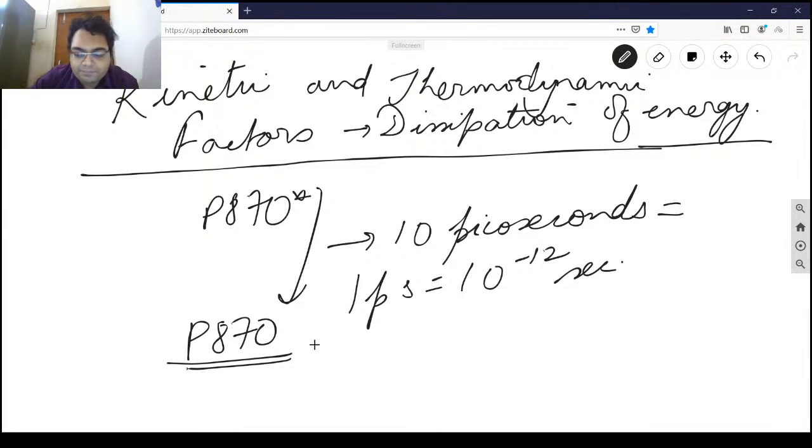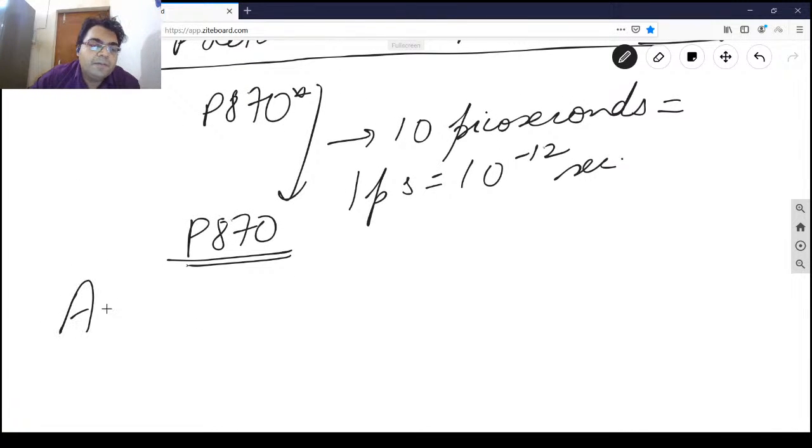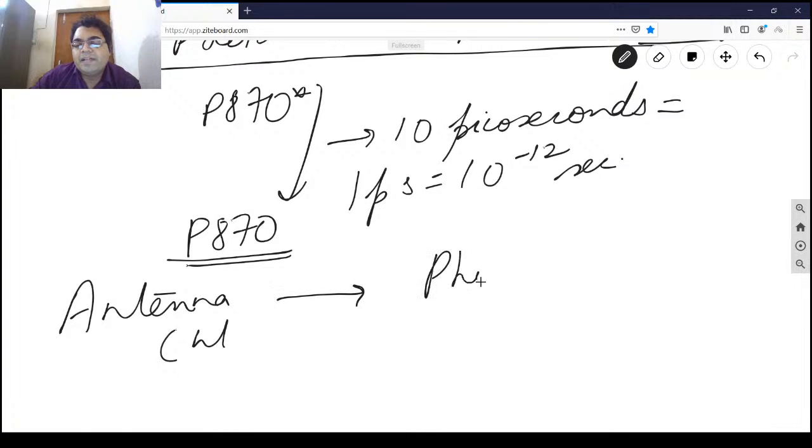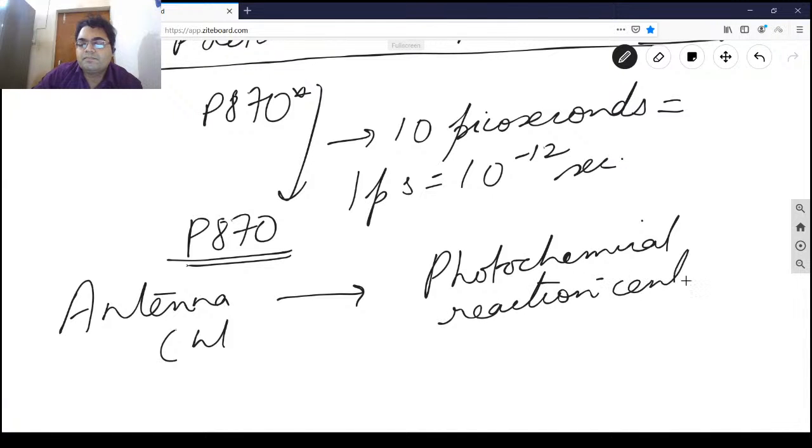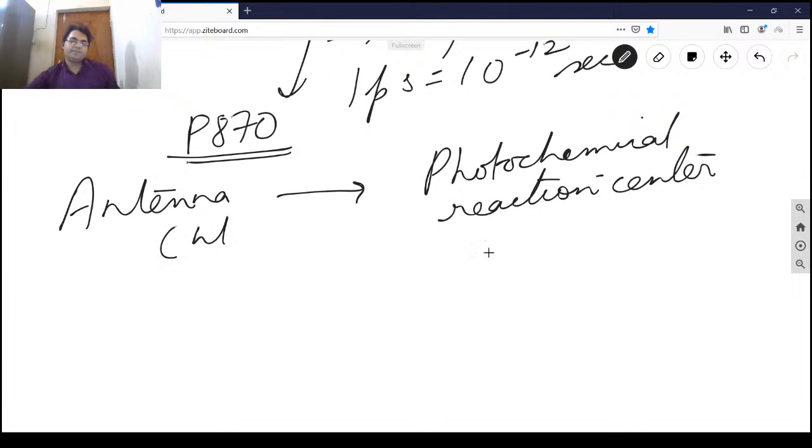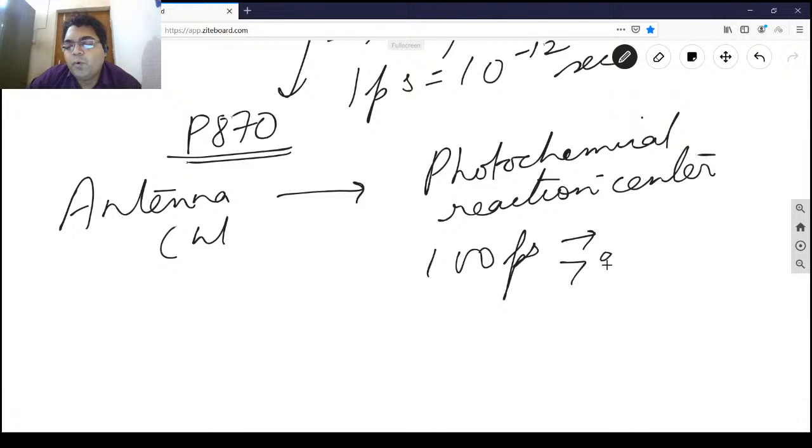So antenna chlorophyll to photochemical reaction center, this entire process takes only 100 picoseconds, with more than 90% efficiency.